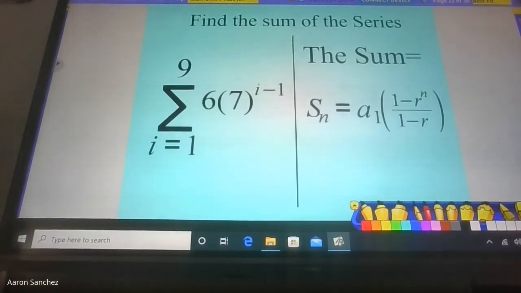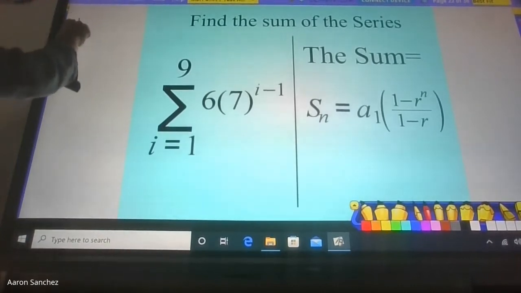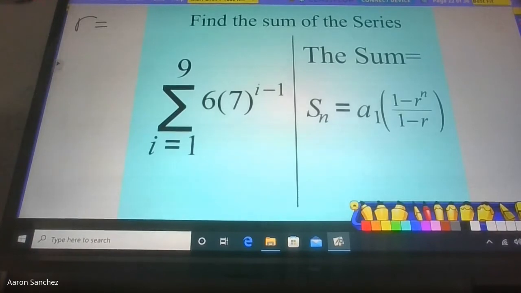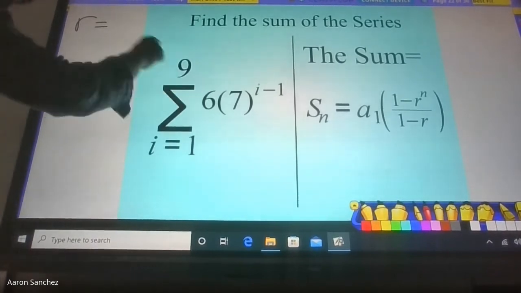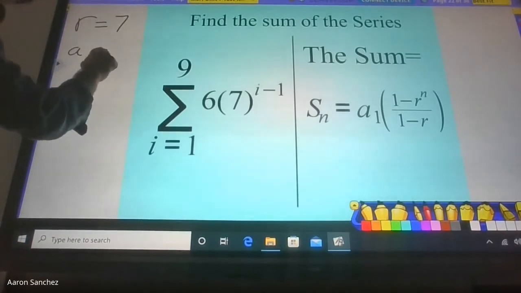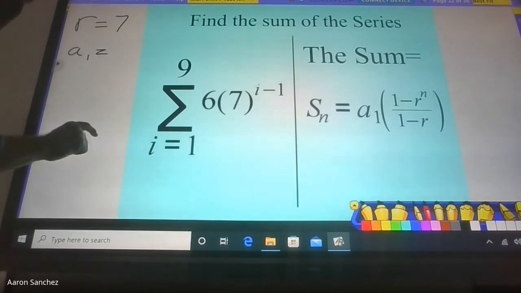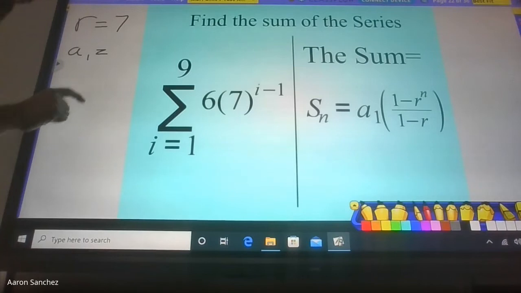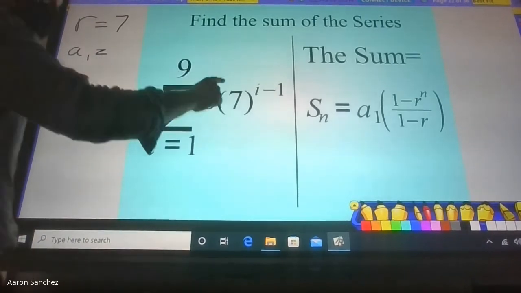So what is our r equal to? 7. It's the 7, right? And then what's the a sub 1? 6. I don't think so. I think it's 42. What does a sub 1 mean? What am I doing with the 1? Plug in 1 into here, right?